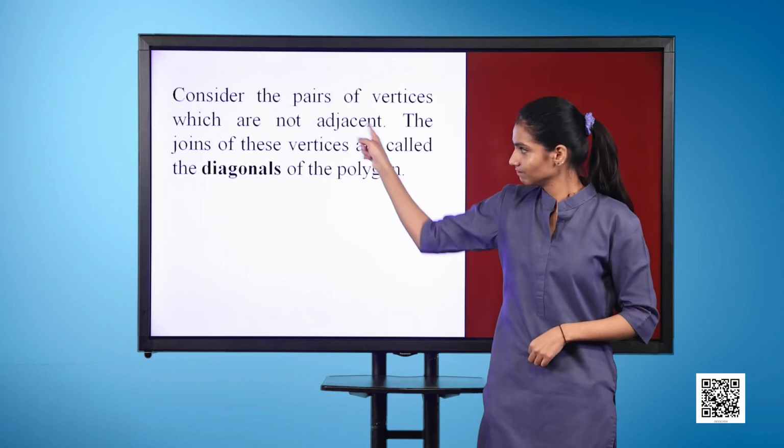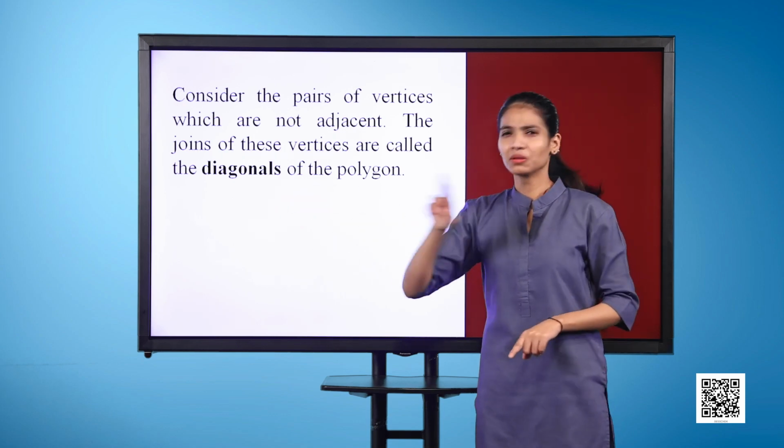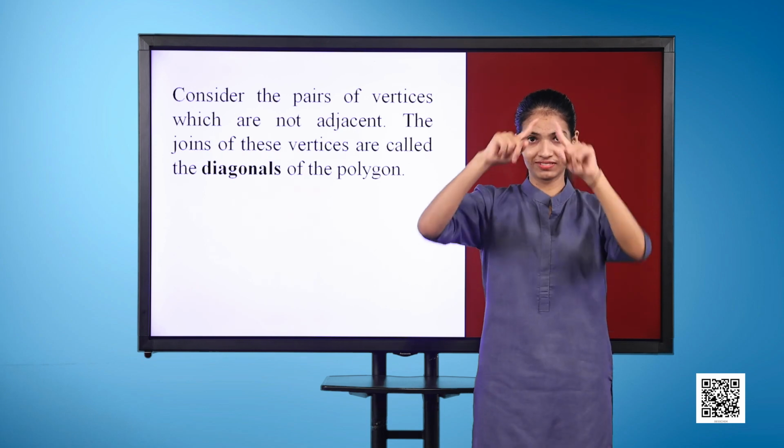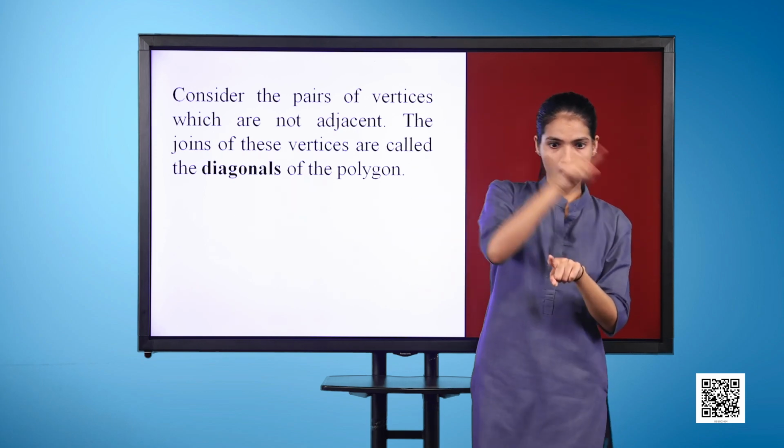Consider the pairs of vertices which are not adjacent. The joins of these vertices are called the diagonals of the polygon.